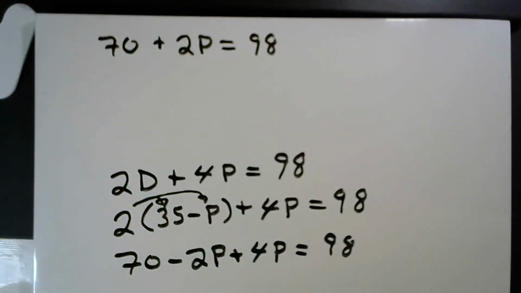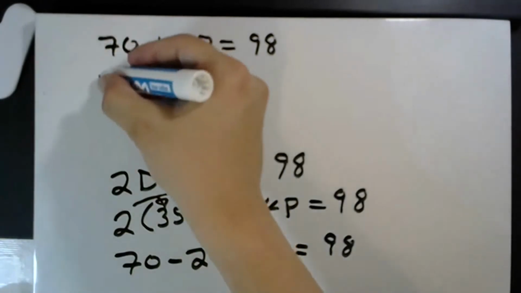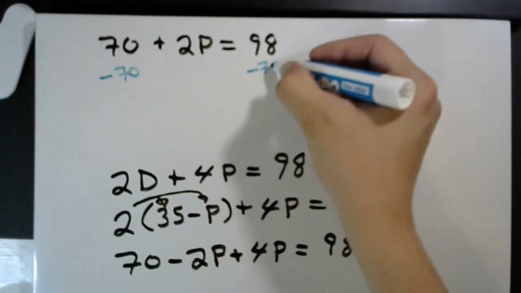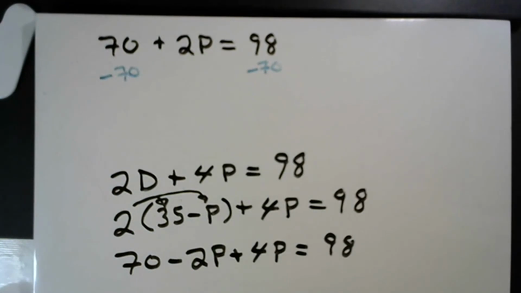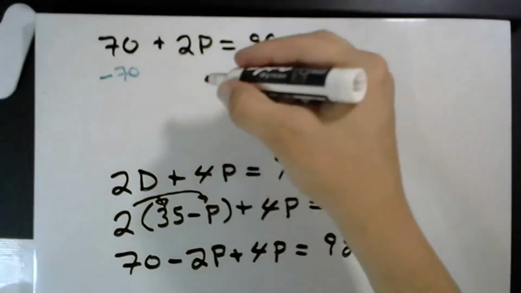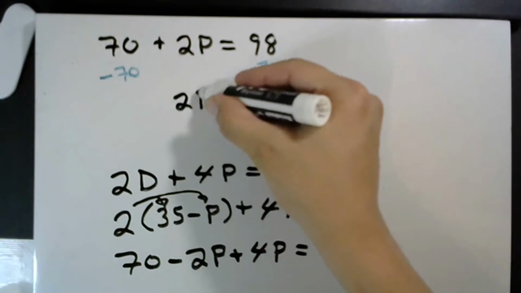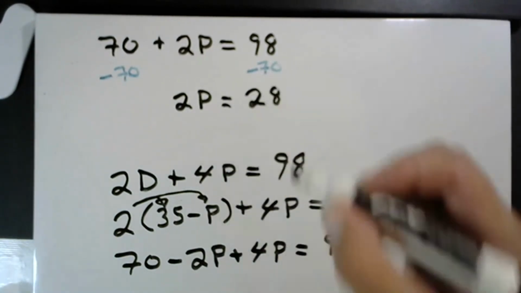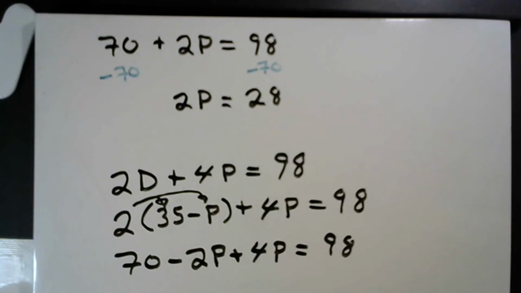And now we just solve for p. Then divide both sides by 2.